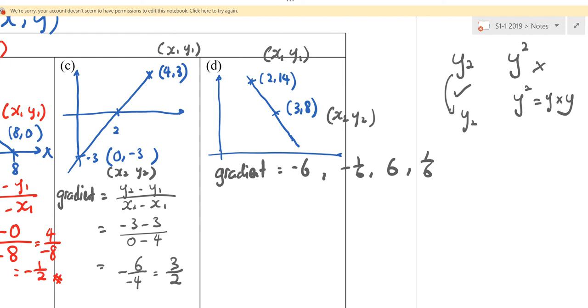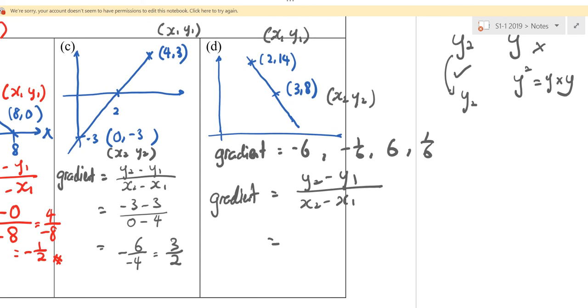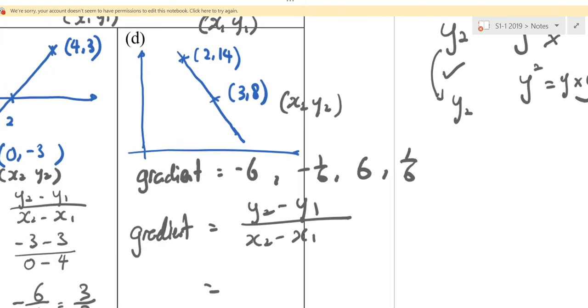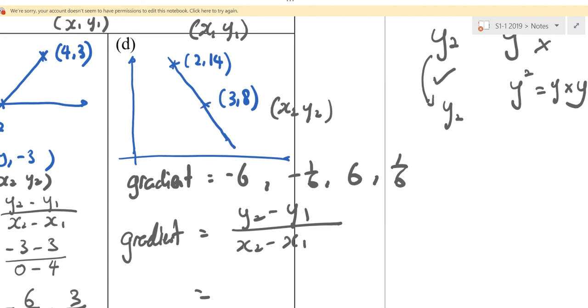So let's try gradient equals y2 minus y1 over x2 minus x1. Zehang, you want to try with us? What is the value of y2? 8. What is the value of y1? 14.